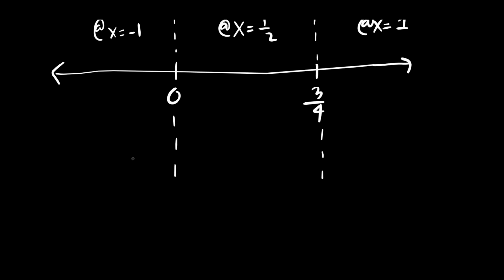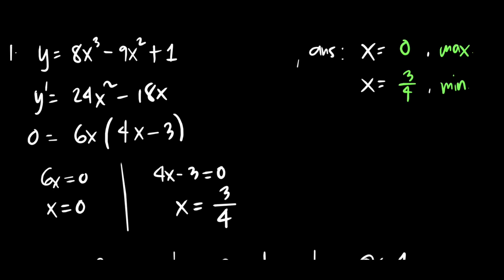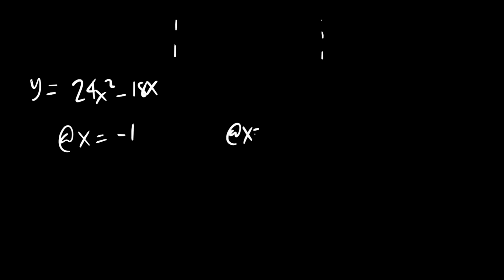Then we'll substitute the values into our first derivative, 24x squared minus 18x, at x equals -1, at x equals 1/2, and at x equals 1.